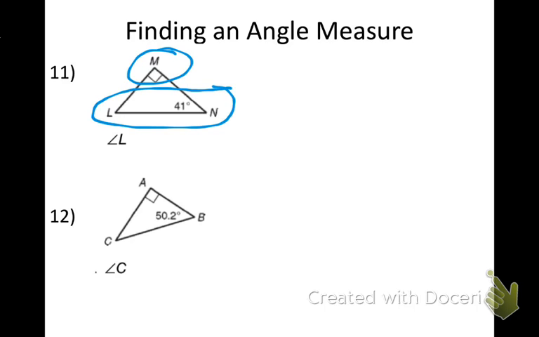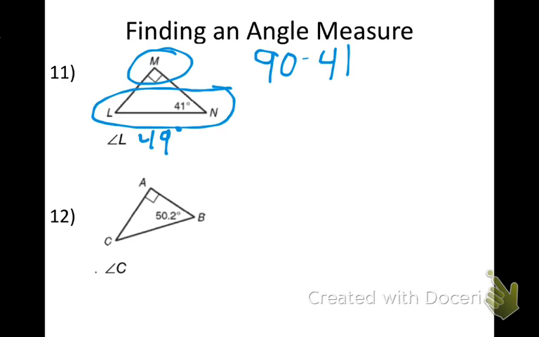So using that corollary we talked about, the shortcut says, instead of subtracting from 180, I can just subtract from 90 now, because I'm given one angle is 90, and that's where I get angle L to be 49 degrees. Again, could I just go from 180 on this? You bet. You can add 90 and 41, you're still going to get the same answer. Okay, there's just some different shortcuts that you can use. Do you have to use the shortcuts? No. You can always use triangles add to 180 and be just fine.